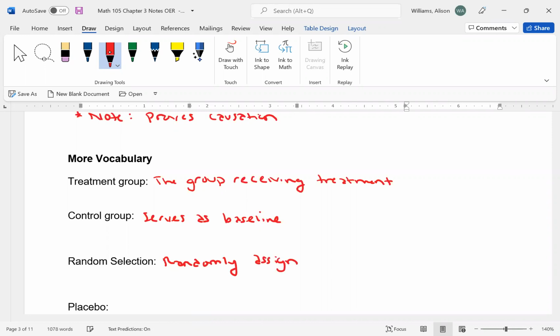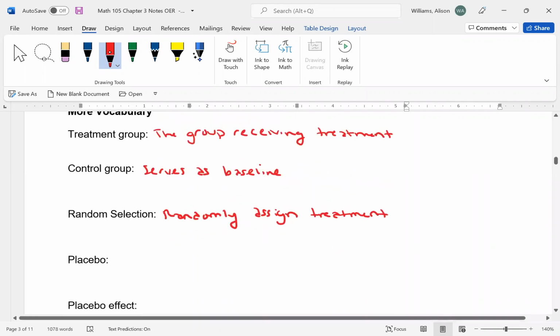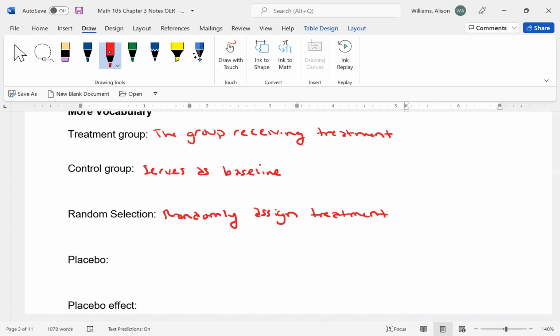It's possible that it isn't always set up randomly, that there are specific things done in an experiment, but that is the idea, that it's randomly assigning treatment. And you tend to do random assignment when you have real issues controlling the group, meaning you can't have that much control over them, or there are a lot of outside factors that might influence the experiment. So random assignment helps eliminate that issue.